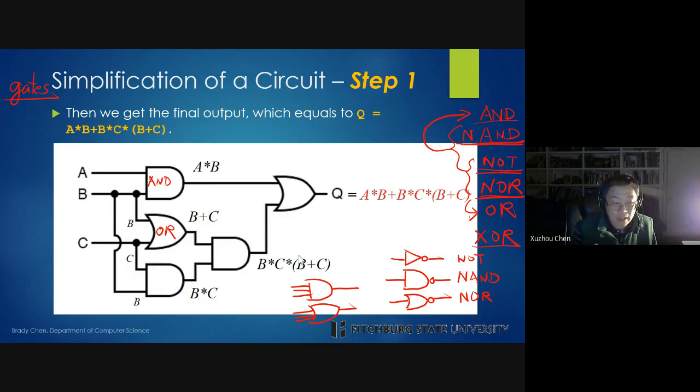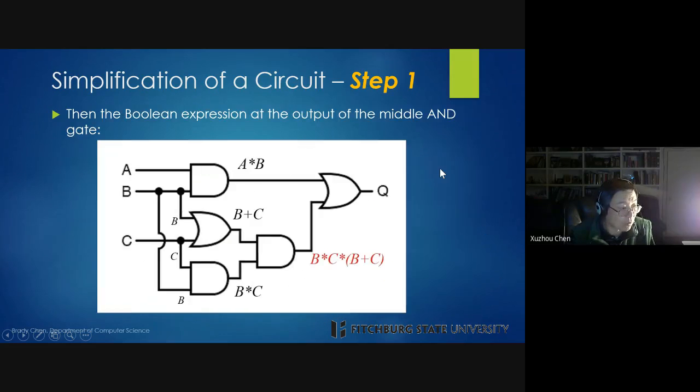Once you simplify the expression, you can convert this simplified expression back to an electronic circuit. Okay, that's basically the way to simplify a circuit.